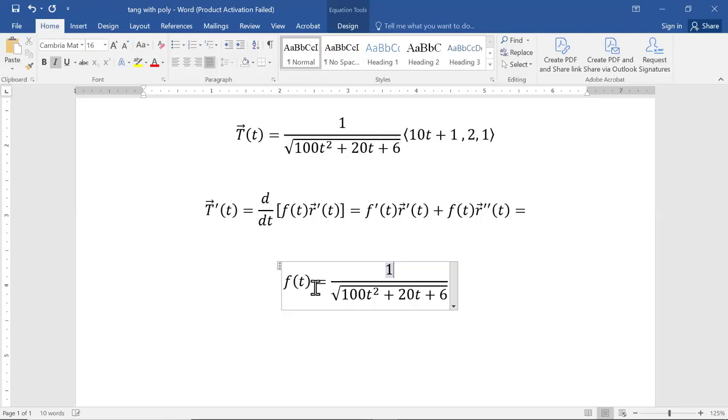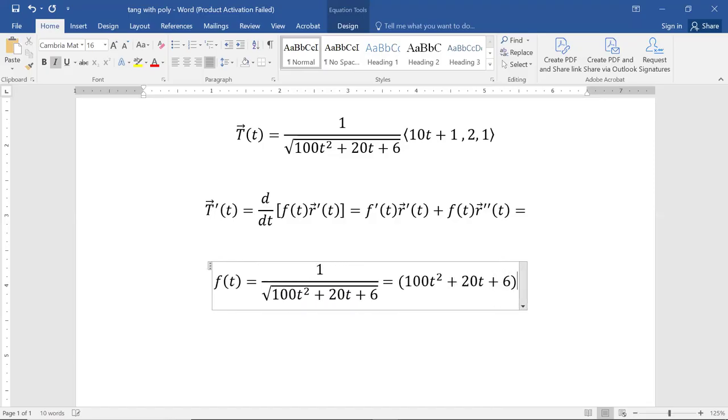I'm going to rewrite that so that it's easier to take the derivative of. I'm going to rewrite that as 100t squared plus 20t plus 6, all raised to the negative 1/2 power.